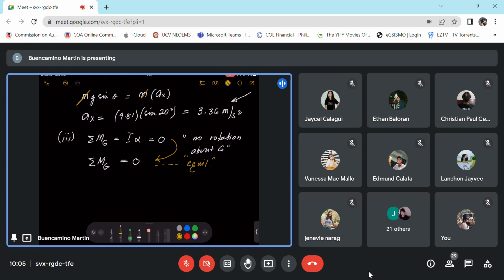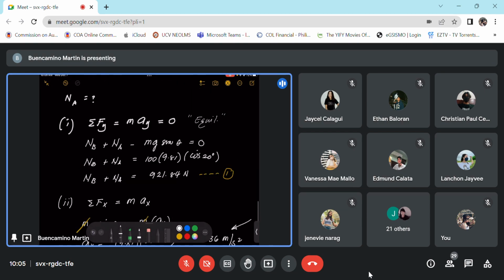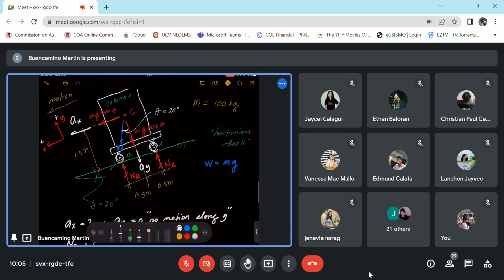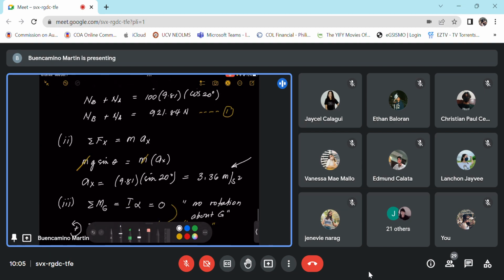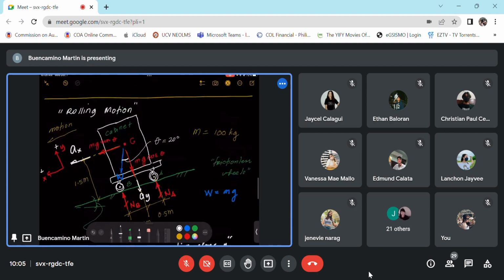And let us assign again our sign convention. So our moment center is G. And what are the forces that will have moment about G? That would be NB, NB and NA only.